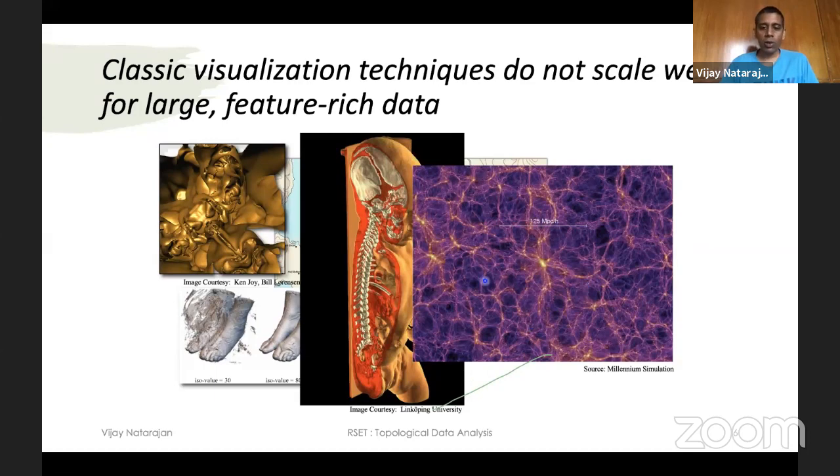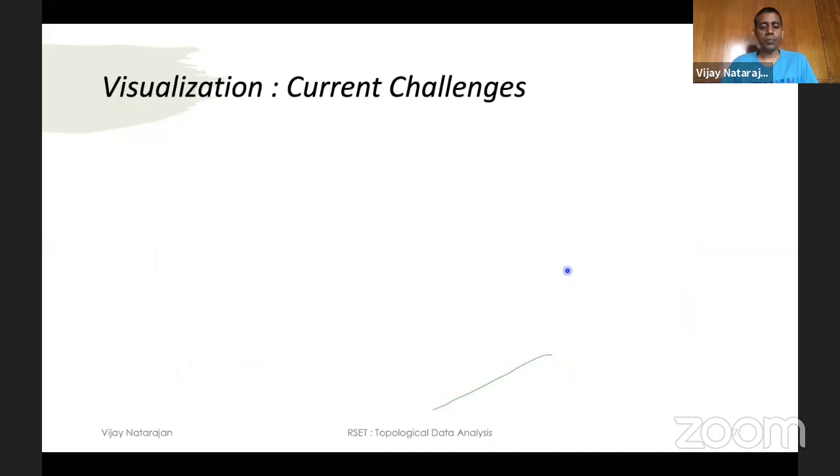So this picture, while it is pretty and it shows to some extent what the clusters are, it is not useful for a cosmologist. It is not useful for somebody who is studying the universe, a physicist who is studying the universe. So we need better techniques to visualize such complex data. More specifically, the data produces these challenges.